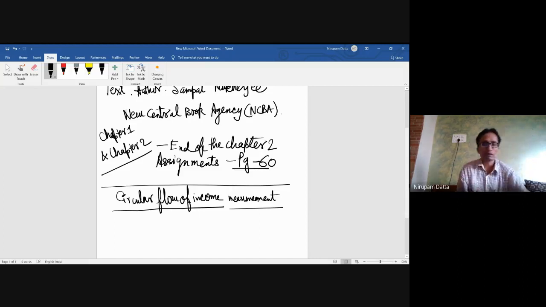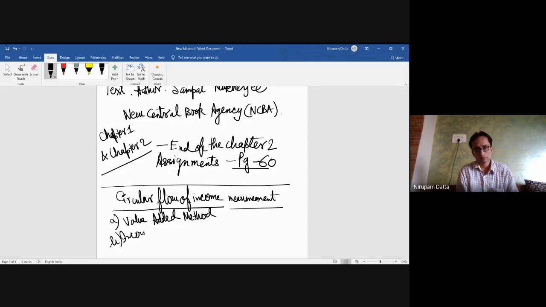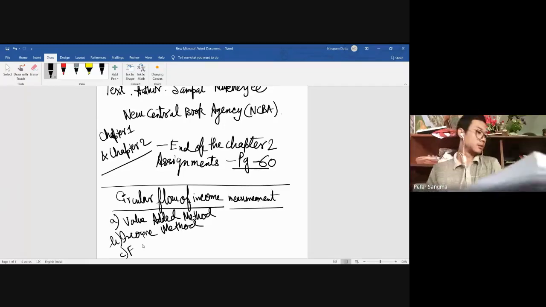There are three different methods of measurement of national income: value added method, income method, and then the expenditure method.